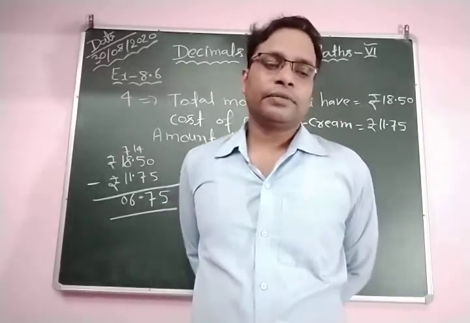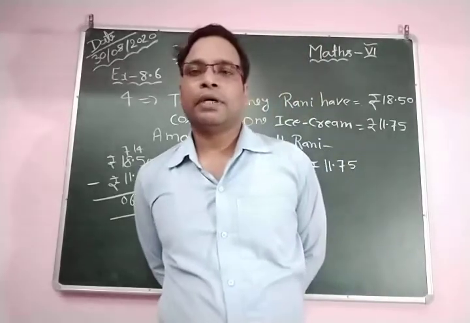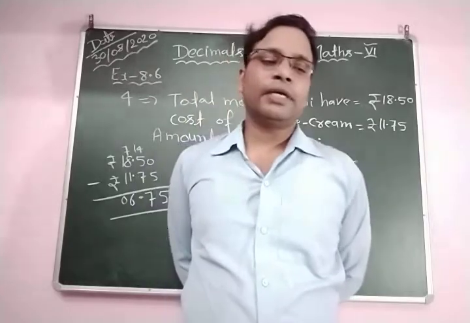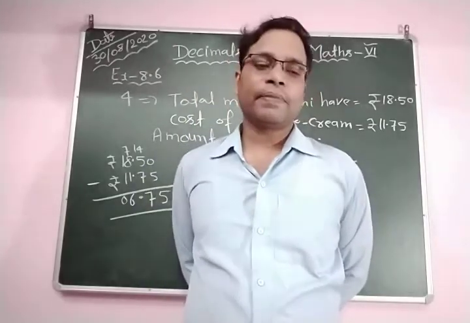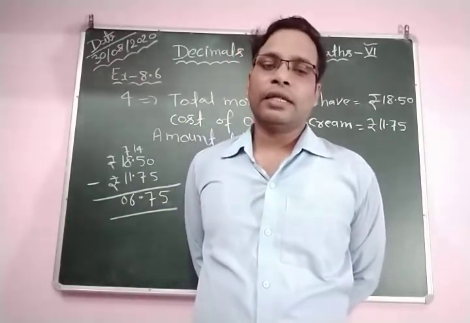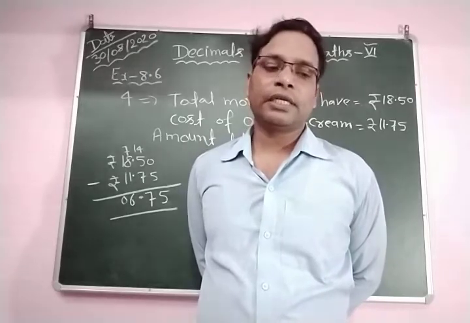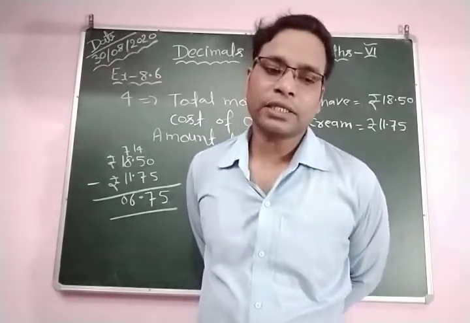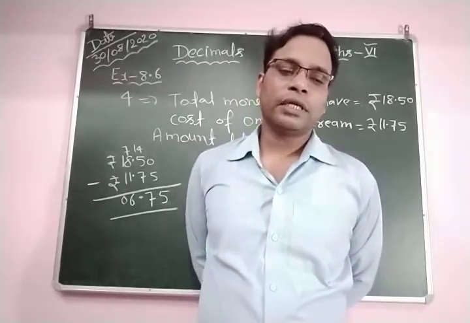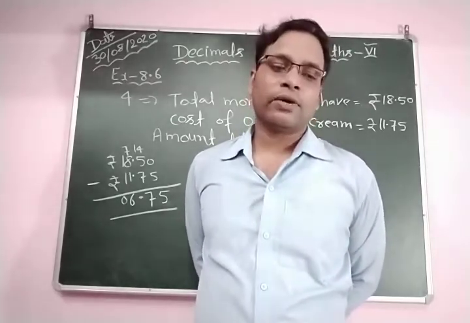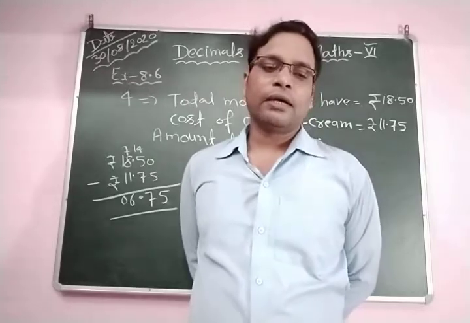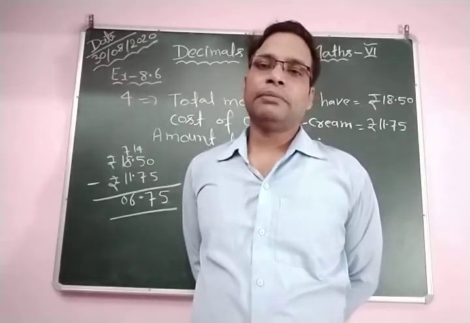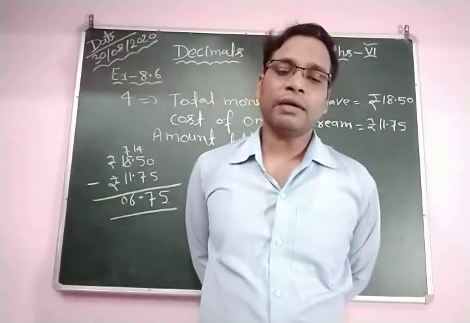Okay, so here the length of cloth with Tina is given, 20 meter 5 centimeter, and a length of 4 meter 50 centimeters she cut from this. So the question asks us how much cloth is left with her. How can we find it? We subtract 4 meter 50 centimeter from the length of cloth.